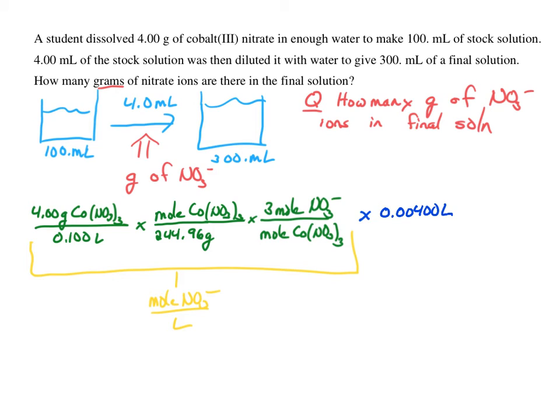Okay, if we sanity check our units here, we have grams of cobalt-3 nitrate, moles of cobalt-3 nitrate, liters all cancel out. So all of this calculation set up so far gets us to moles of the nitrate ion.